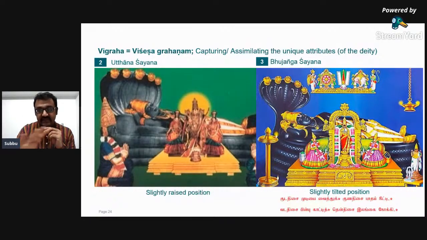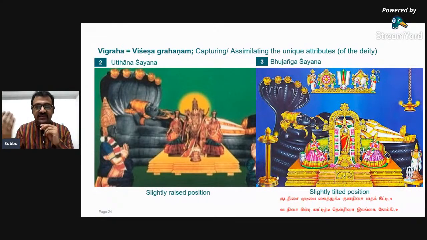The Alvar describes the form of this Lord. Udishai Mudiyai Vaitu, Unadishai Padam Neeti, Vadadishai Pinbu Kaatti, Tendishai Ilangai Nokki. So he is describing what parts of the Lord are facing what directions. He is showing his back to the north and he is showing his face, his front, to the south.